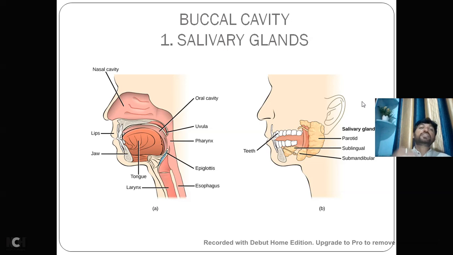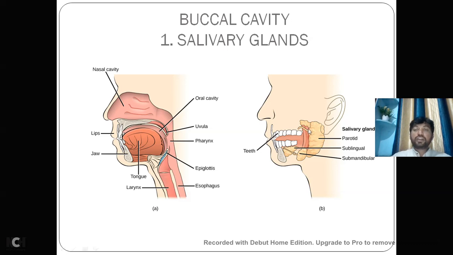If we chew the same food continuously for a longer time, about 15 or 20 minutes, then the complete starch will be converted to glucose in the buccal cavity itself. But we won't do that. We just chew for some time and we will swallow it, right?